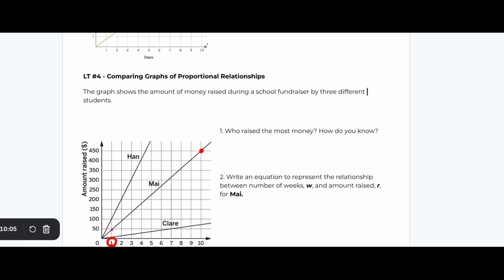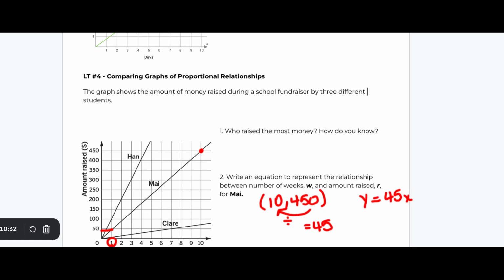So then our point there would be 10, 450. When you divide backwards, you get 45. Okay, so our equation is y equals 45x, and that would match up with this point right here. You can't tell what it is, but it's below 50, close to 50, but below, so that does make sense based on the rest of our graph.